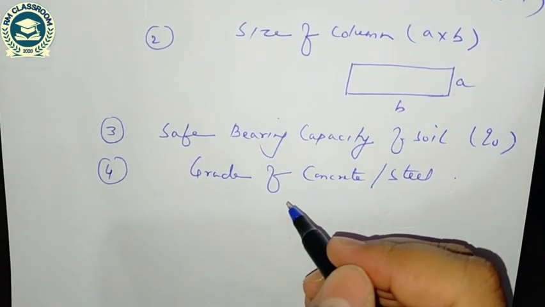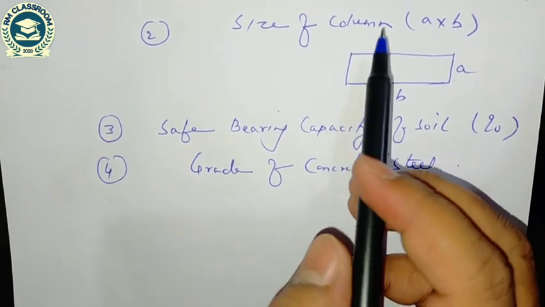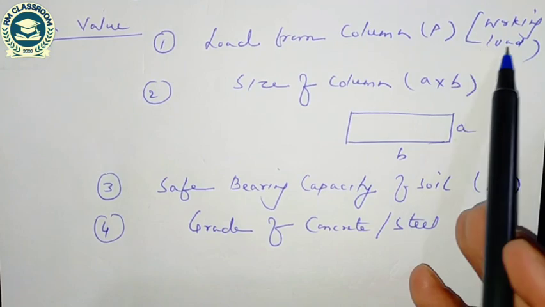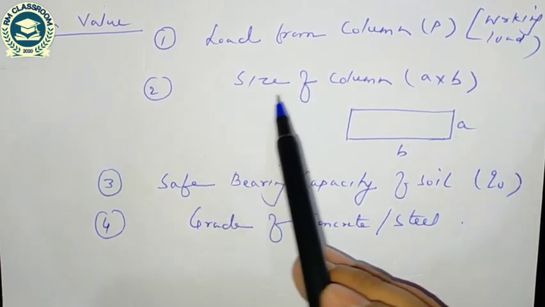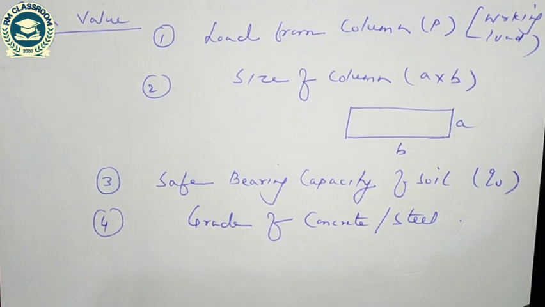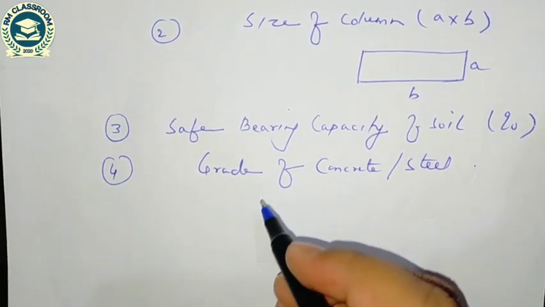So these four data will be given in the problem. The first one is the load coming from the column, which will be the working load. The second one is the size of column. The third one is the safe bearing capacity of soil, and the fourth one is the grade of steel and concrete.